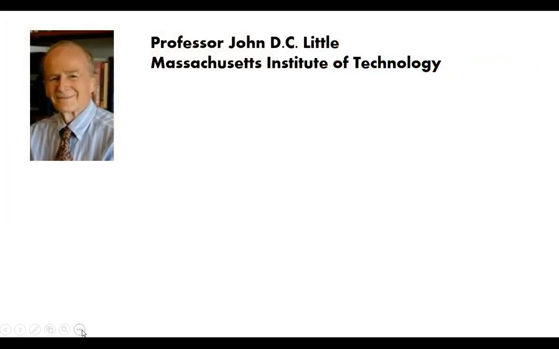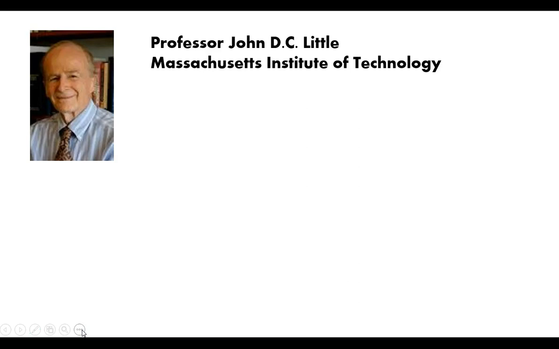So in order to understand it, we have to understand a guy named Professor John D.C. Little at MIT, Massachusetts Institute of Technology. This guy has studied process flow for decades. He was born in 1928. I think he just turned 90 years old in February, so he's still working at MIT.